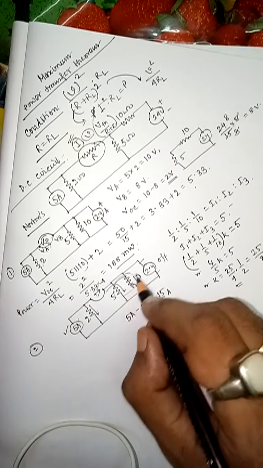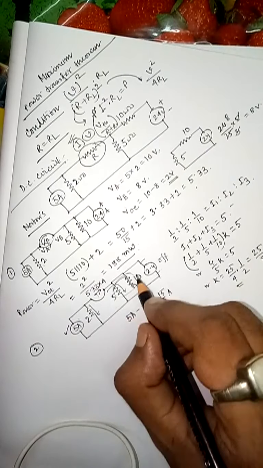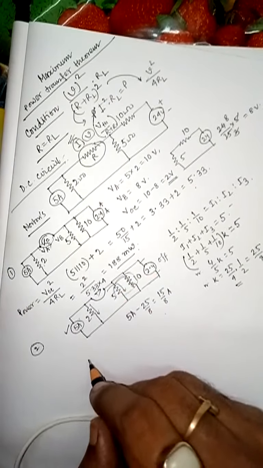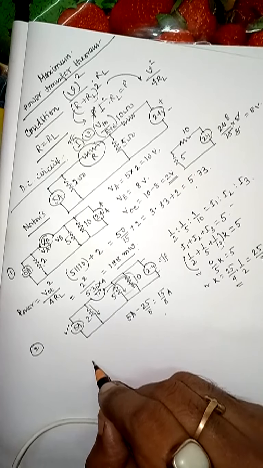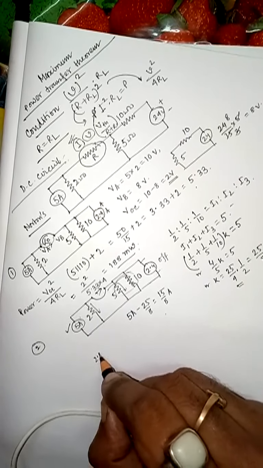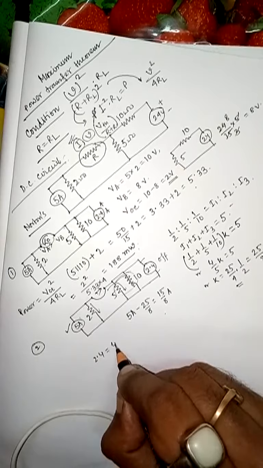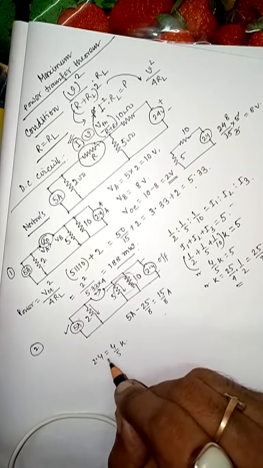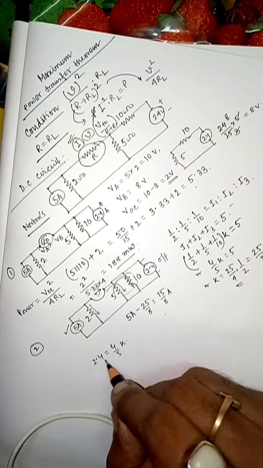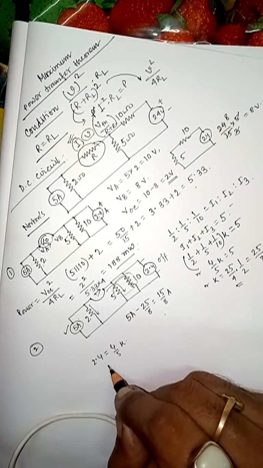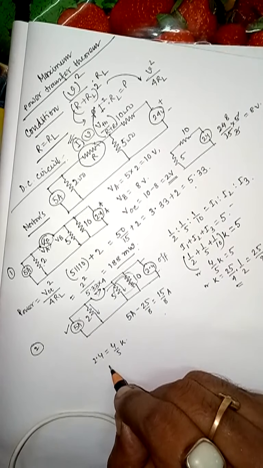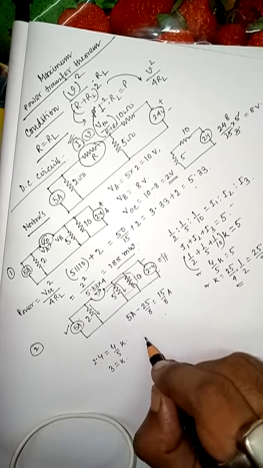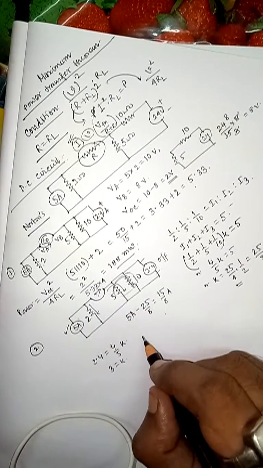So finally for this, if it is shorted, the current is taking this path and this path and this path. So finally this is the same way, that 2.4 equals 4 by 5 into K. So here it is 120 by 4, so it is basically 3 equals K. So what is the current flow in this particular branch?